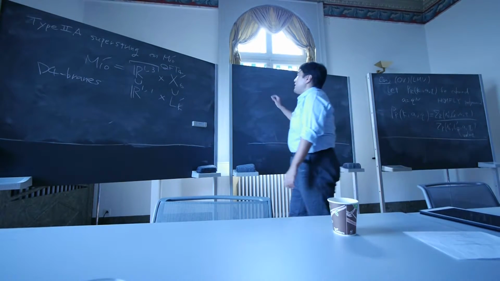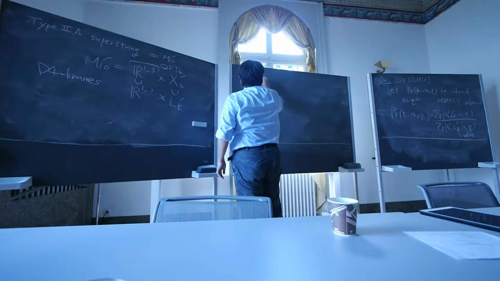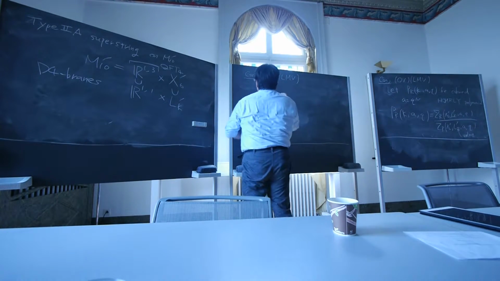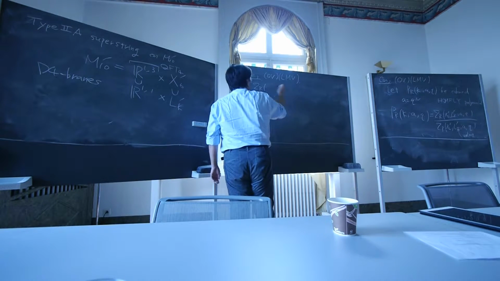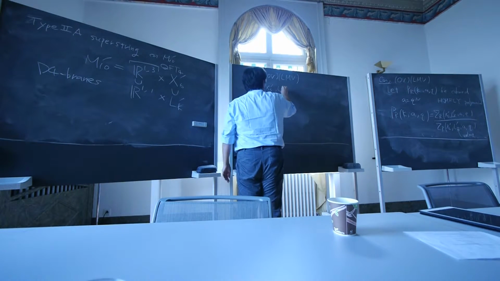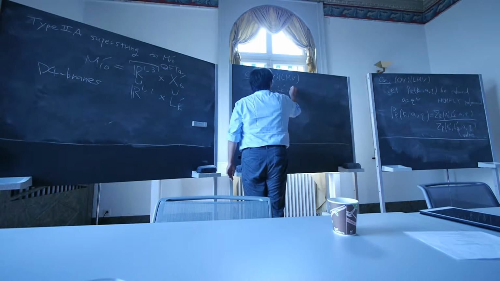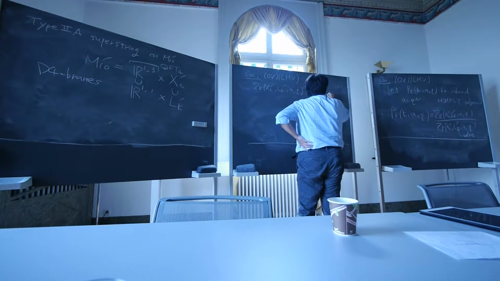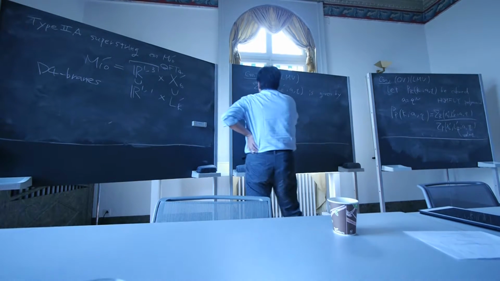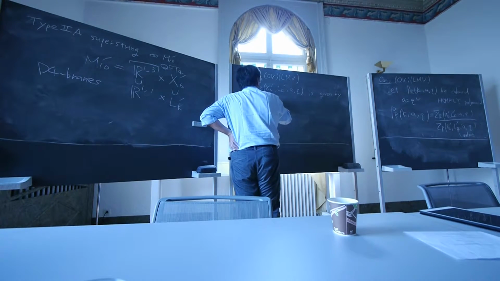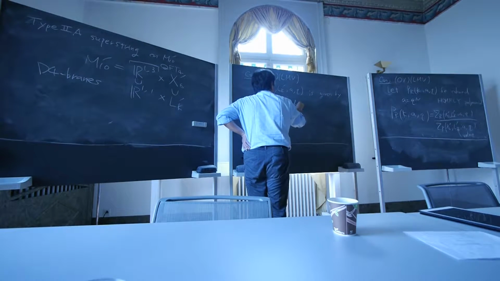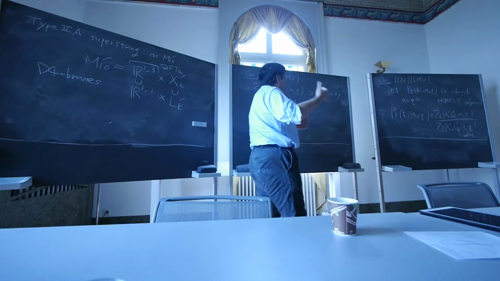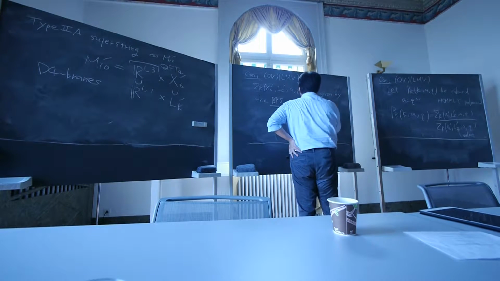Their claim is that the partition function on X6 prime with the D4 brane is given by the BPS index. This BPS index can be found by counting the number of BPS states.